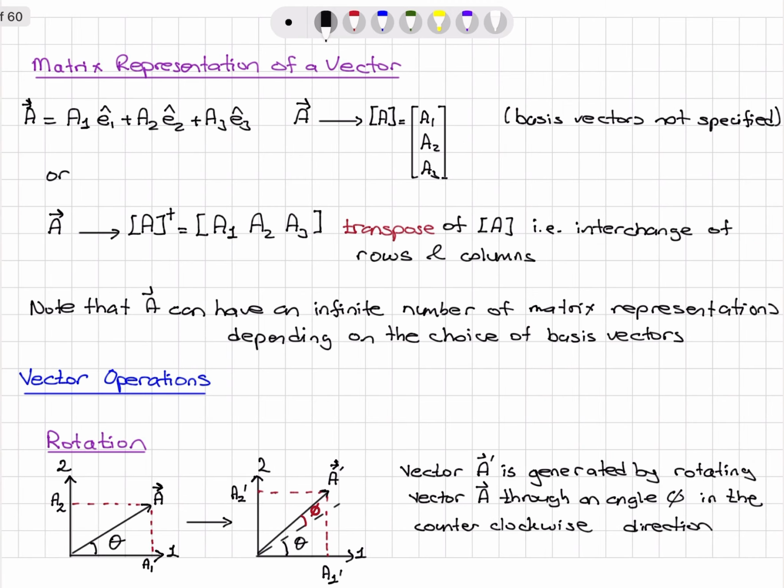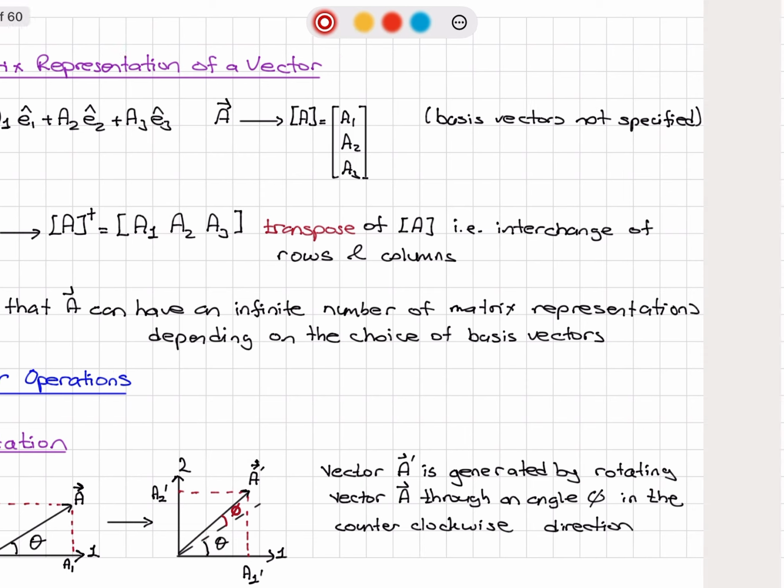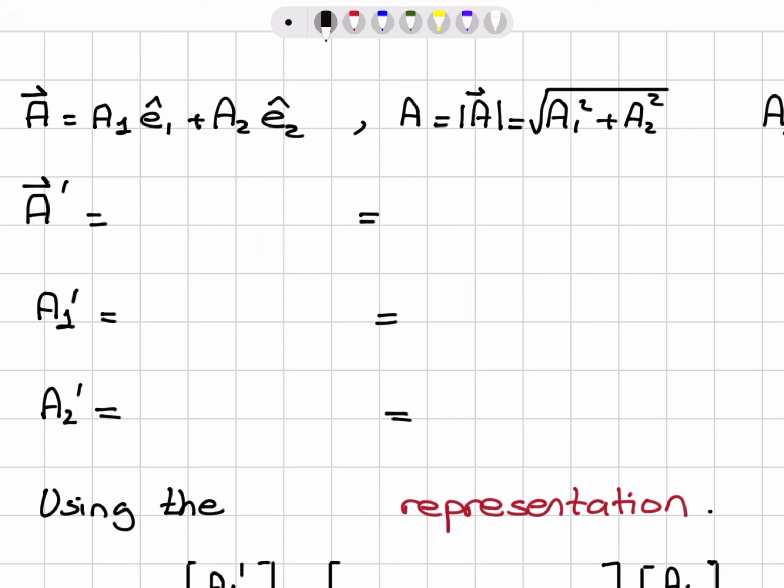Now, when I rotate this vector in the counterclockwise direction by an angle phi, the angle with respect to the first axis becomes theta plus phi. So I'm going to have a new vector A prime, which will have A1 prime E1 hat plus A2 prime E2 hat.